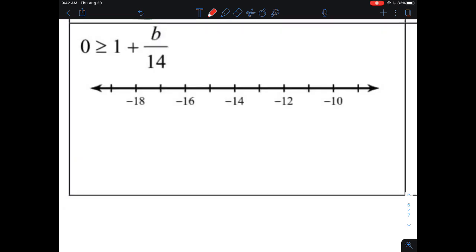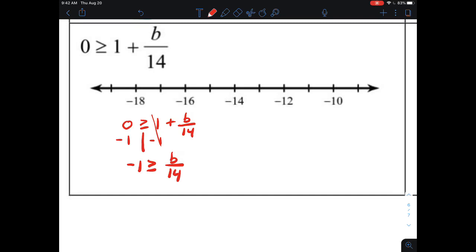All right, so 0 is greater than or equal to 1 plus b over 14. I wanted to get everything relative to b, so I got to move things away from it. I start by moving the addition to the other side, so I'm going to subtract 1 from both sides. That's going to give me negative 1 greater than or equal to b over 14.